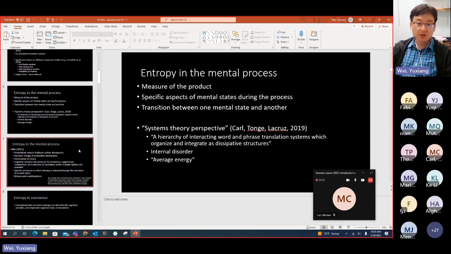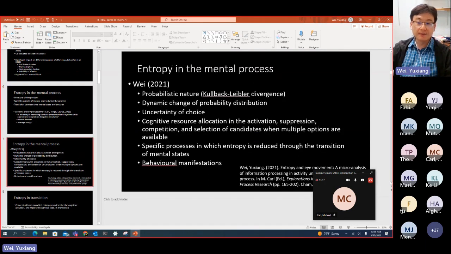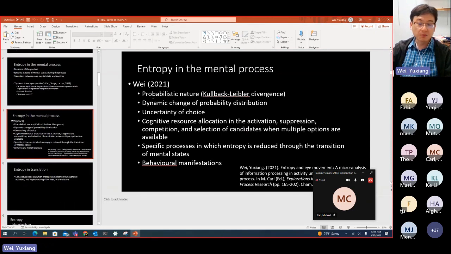Similarly, another one looks at the entropy in the mental process from a slightly different perspective, focusing more on the probabilistic nature of the concept itself. Mathematically, there is something called relative entropy, also named in other contexts as Kullback-Leibler divergence, or in simpler terms, KL divergence.